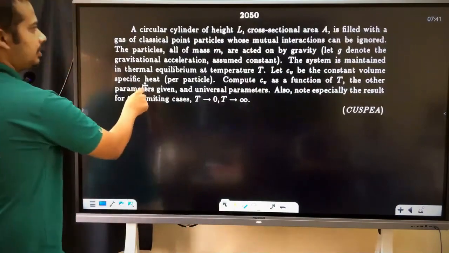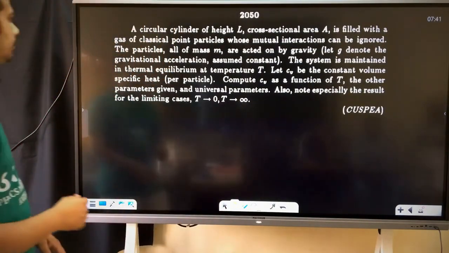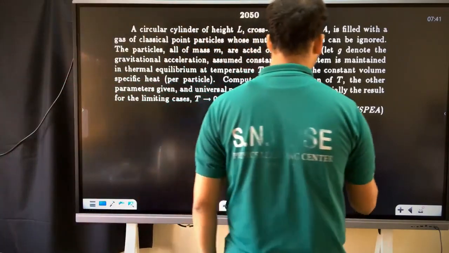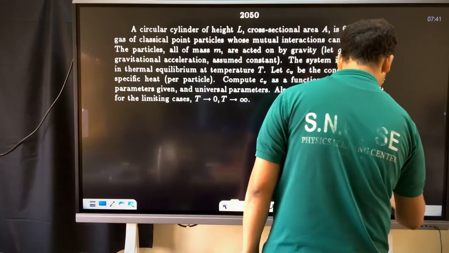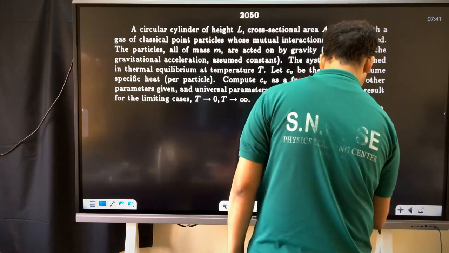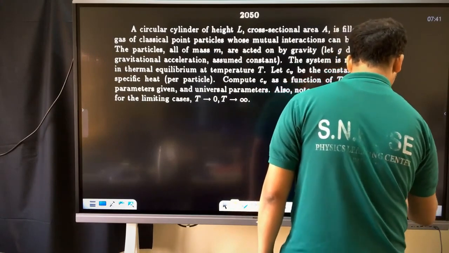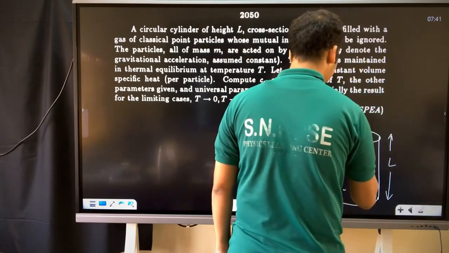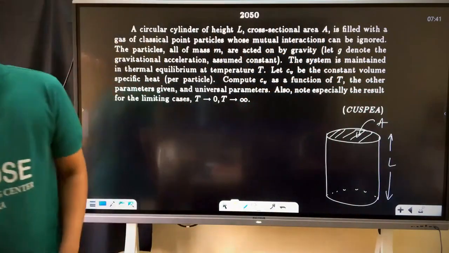A circular cylinder of height L and cross sectional area A is filled with a gas of classical point particles whose mutual interaction can be ignored. I will just draw it like this: height is L here, cross sectional area A here.